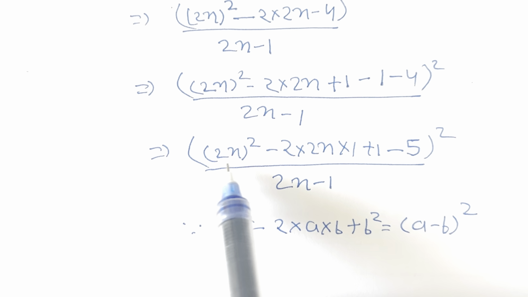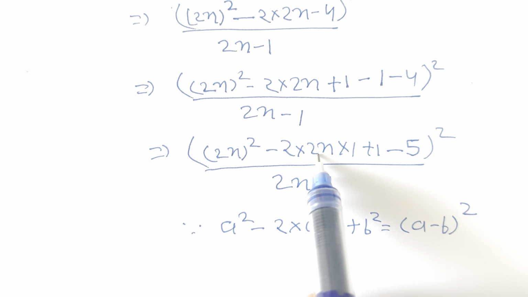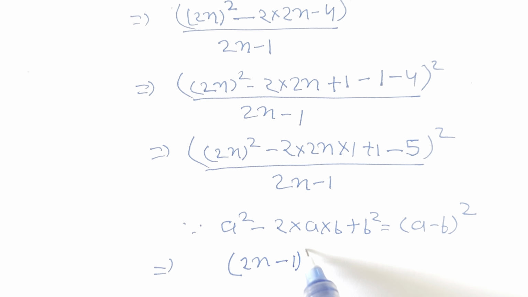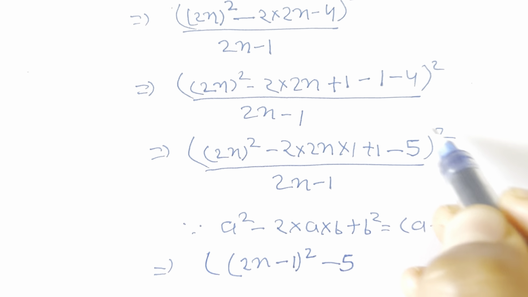Because if you see the first three terms in the numerator, they are of the form a² − 2ab + b². So I can write this as (a − b)², where a is 2n and b is 1, the whole square. What is left? Minus 5, and the whole power 2.